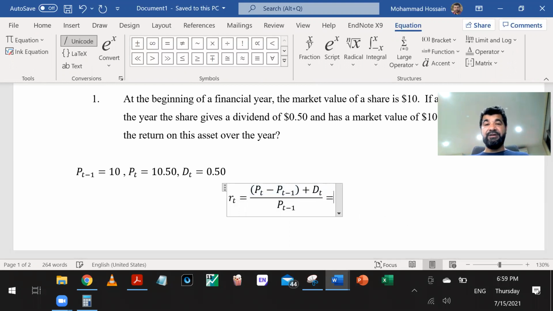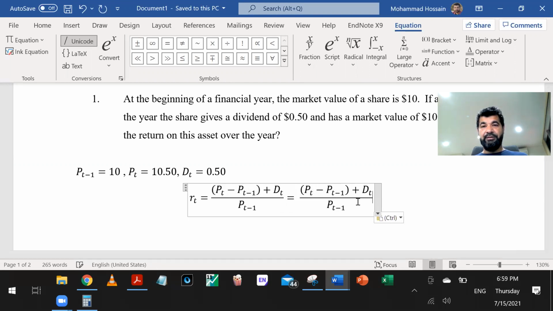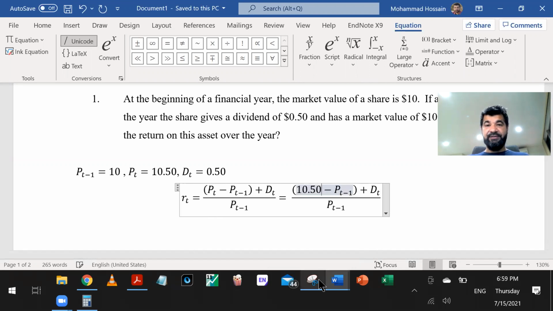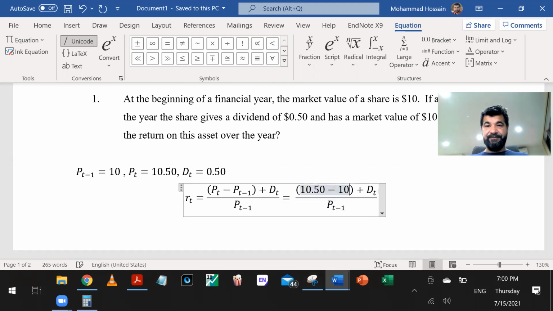Okay, RT is equal to (PT minus PT minus 1 plus DT) divided by PT minus 1. PT is actually our 10.50 and PT minus 1 is actually our 10.